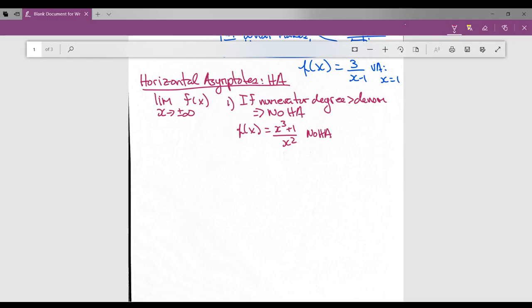Formally, if you're doing the limit definition, this one over here, if you did the limit as x goes to infinity, and remember, we don't look at constants, those are irrelevant, so we would just simplify it to this, which would then become that, and you can see if you put infinity in there, you get infinity, therefore no horizontal asymptote.